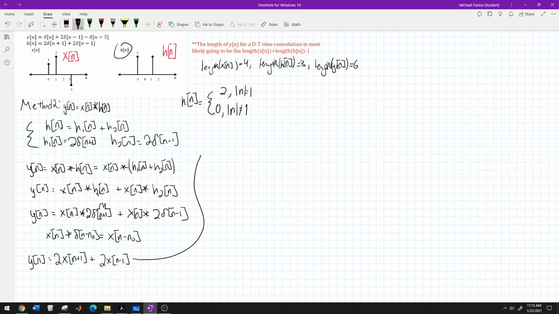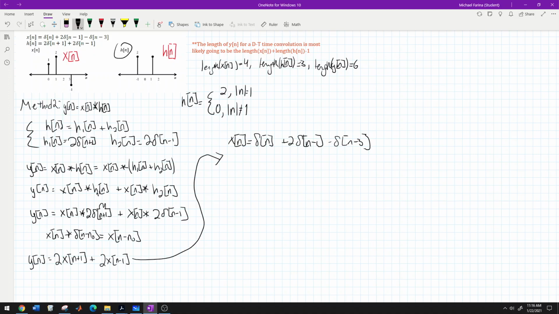Now let's bring this up here. And x of n is nothing but a bunch of delta functions itself. So we can replace that.